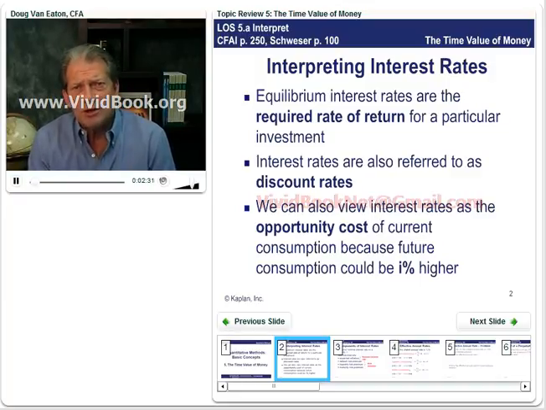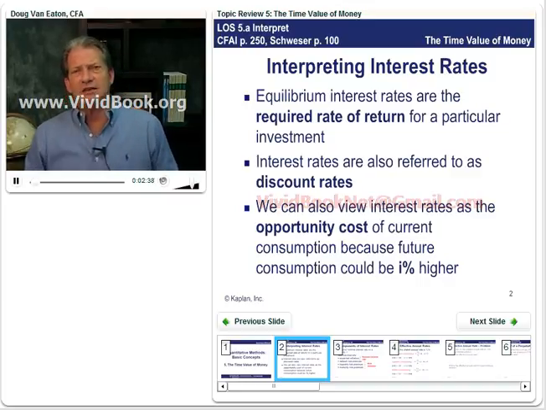The opportunity cost of $100 now is $110 later if the interest rate is 10%. So typically you can have more consumption later or less consumption now. And so that's the opportunity cost of your money, what you could have earned had you not spent it or invested it in some other way.